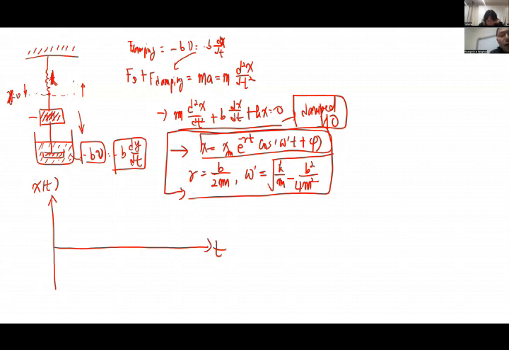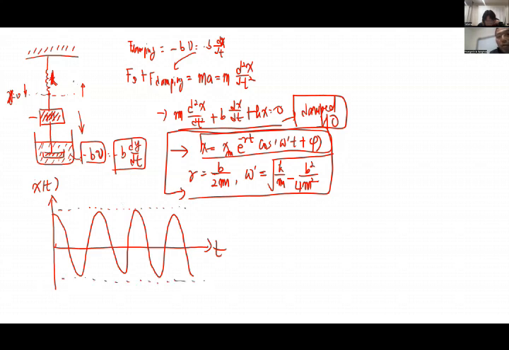Obviously, because this is a harmonic oscillator, it oscillates in time. If there were no change of maximum amplitude, then this would be just a simple harmonic oscillator.